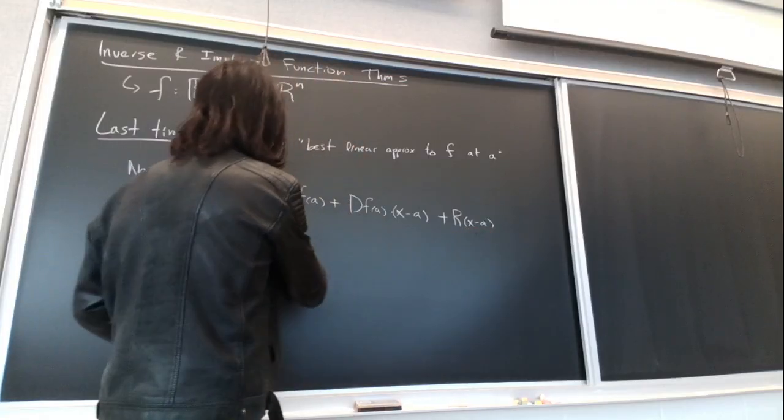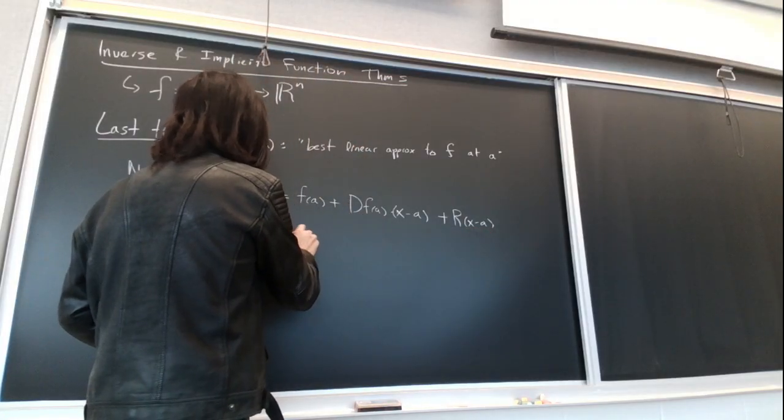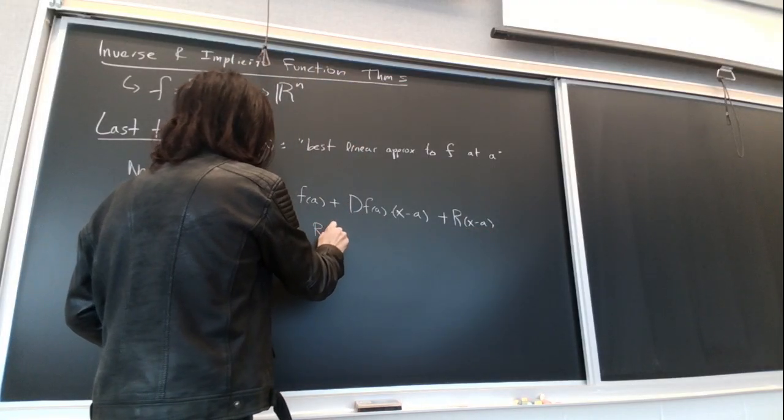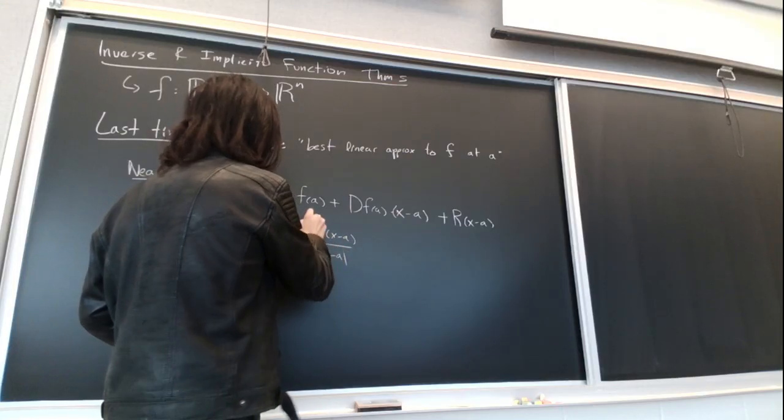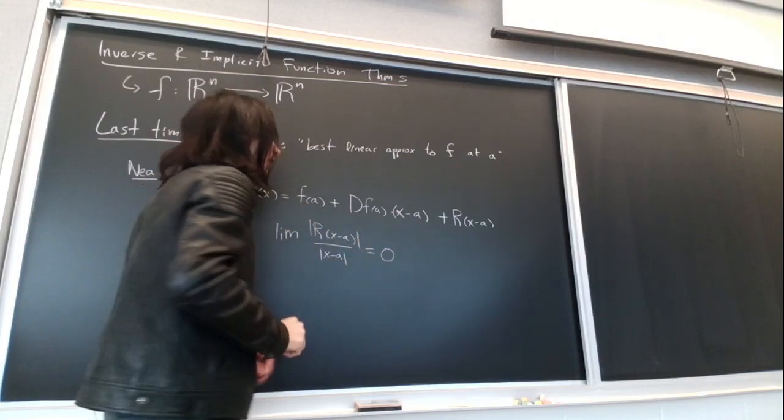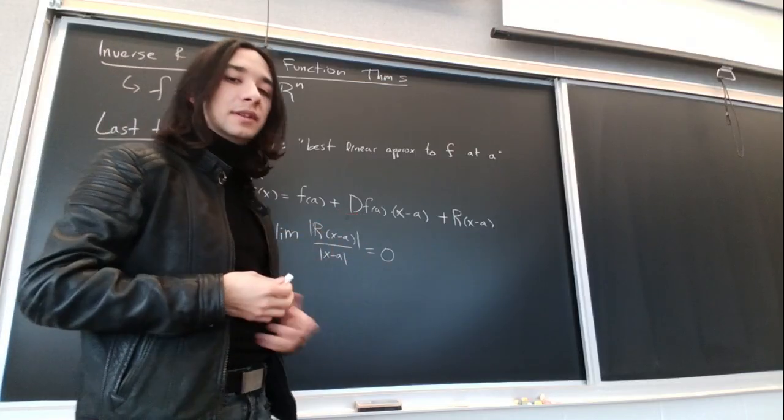So a limit as x minus A goes to zero. This is what it means to be a very good linear approximation.